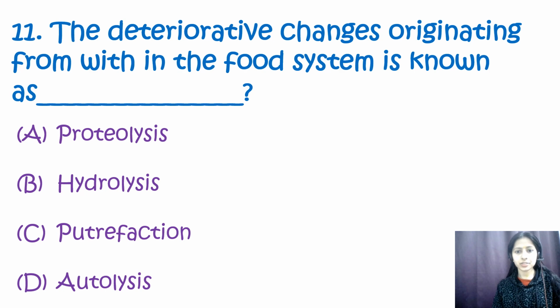11. The deteriorative changes originating from within the food system is known as option A proteolysis, option B hydrolysis, option C putrefaction, and option D autolysis. So the correct option is option D, that is autolysis.